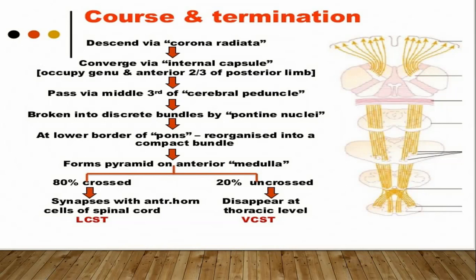And from the pyramids on the anterior medulla, 80% is crossed fiber. These synapse with anterior horn cells of the spinal cord, called the lateral corticospinal tract, and 20% is uncrossed fiber. It disappears at the thoracic level as the ventral corticospinal tract.